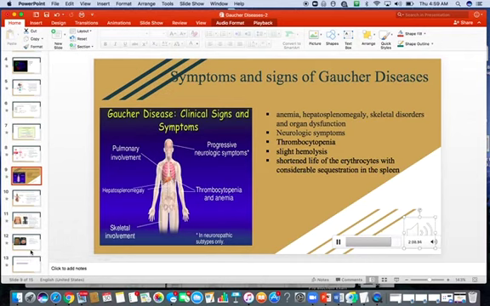It usually involves progressive symptoms within the neuron part, I mean within the brain, and it involves pulmonary involvement. That means along the blood, the arteries and so on.